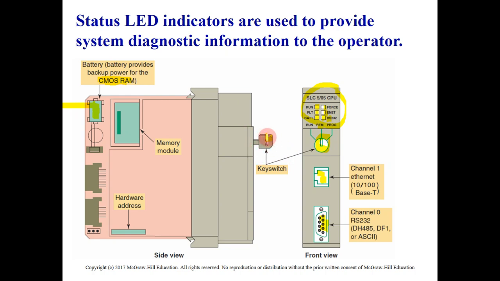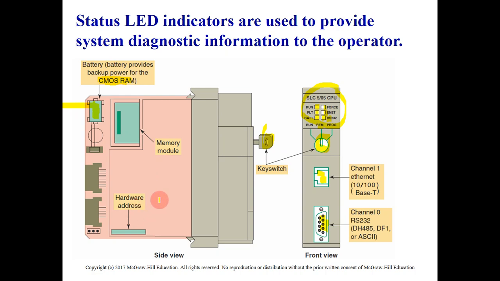This key switch is used to fix the position of the selector switch, so only the person in charge can come here to change it. Otherwise, the key stays in the same place and nobody can change the selector switch, because changing it would cause problems to the program inside the CPU unit.